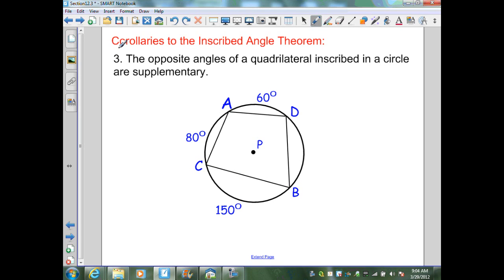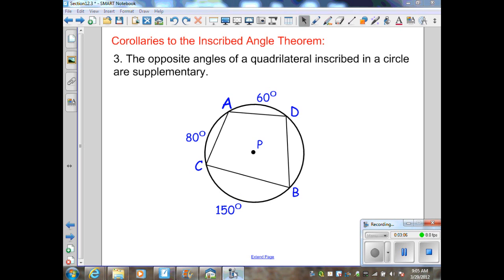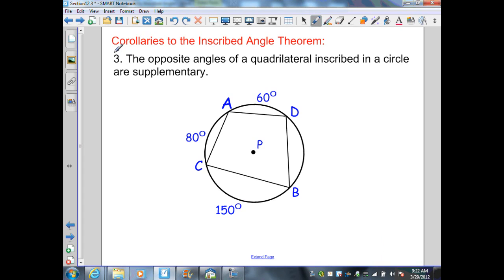And the last corollary to the inscribed angle theorem, the opposite angles of a quadrilateral inscribed in a circle are supplementary.